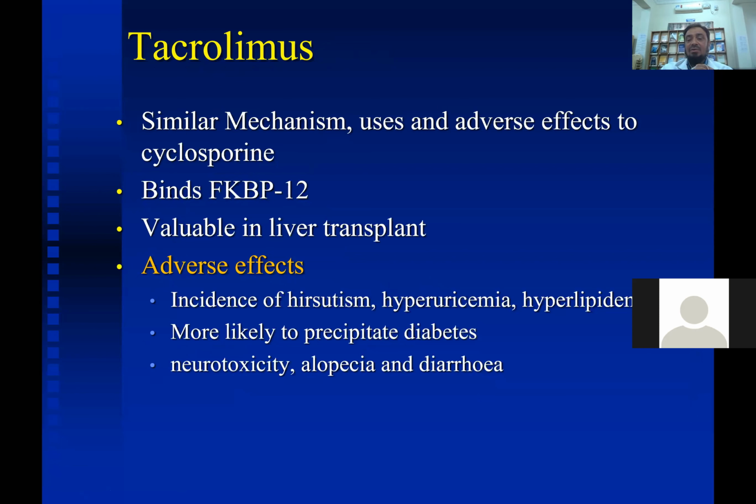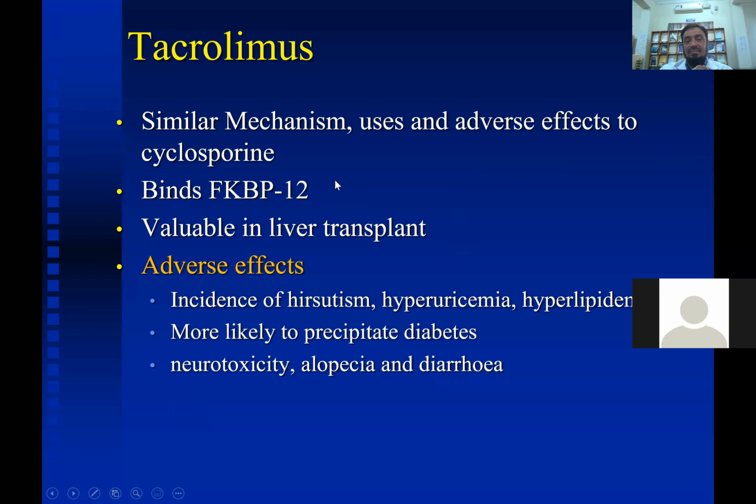By binding to this protein, it finally attaches to the calcineurin and leads to the inhibition of the calcium calmodulin calcineurin complex. Again, the dephosphorylation of NFAT doesn't occur, and that doesn't lead to the production of the interleukins. So the mechanism is the same, only the target is different.